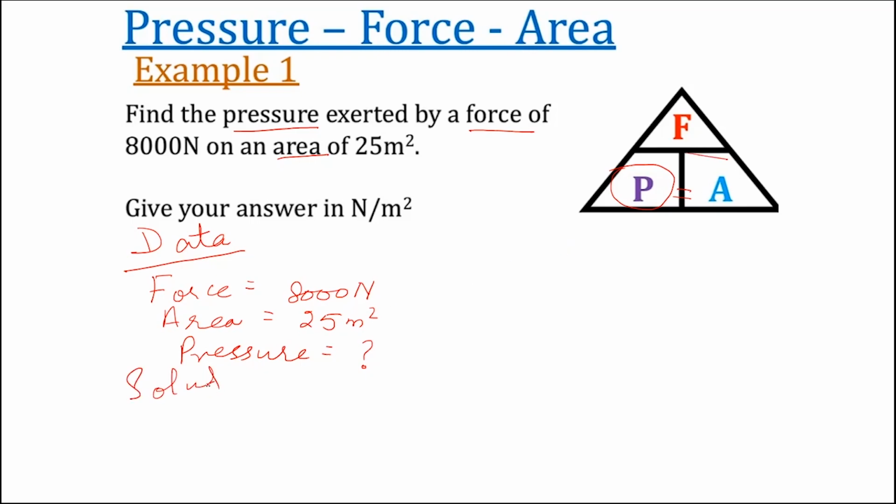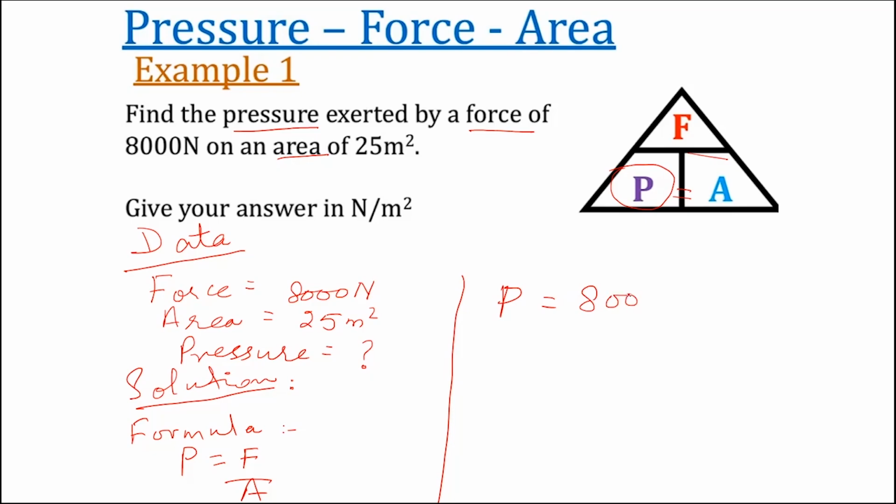So for the solution, the first thing is we will write the formula. Pressure equals force upon area. Now we will put values. The value for force is given to us, that is 8,000 newtons, and the value of area is 25 meters square.